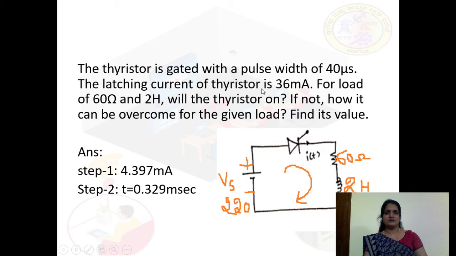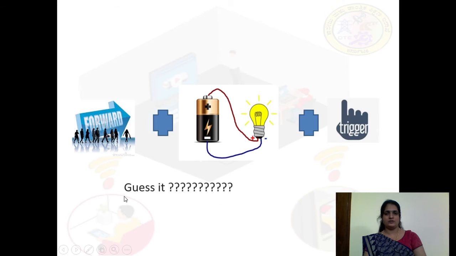The latching current of the thyristor is 36 milliamps and the load is 60 ohms and 2 henry. Will the thyristor turn on? If not, how can it be overcome for the given load? In order to find this, first we have to find the current in milliamps, then we can calculate the time interval.